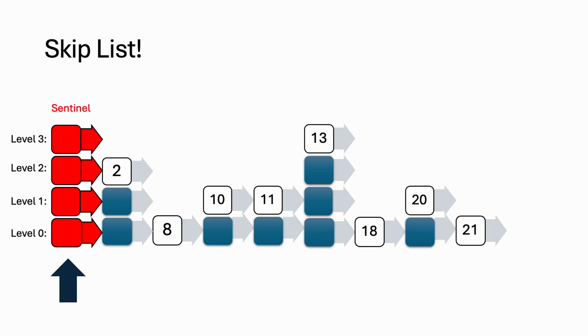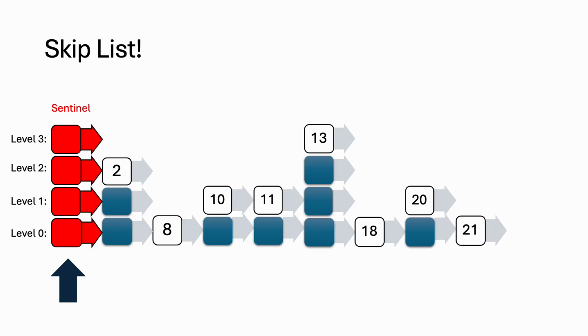But here's where it gets interesting. The higher levels contain only a subset of these elements. These higher levels act like an express lane, like on highways, that lets us skip over many of the nodes during searching. Each node has multiple forward pointers, one for each level.